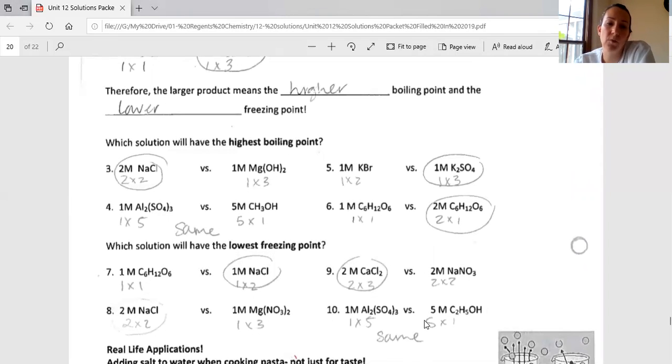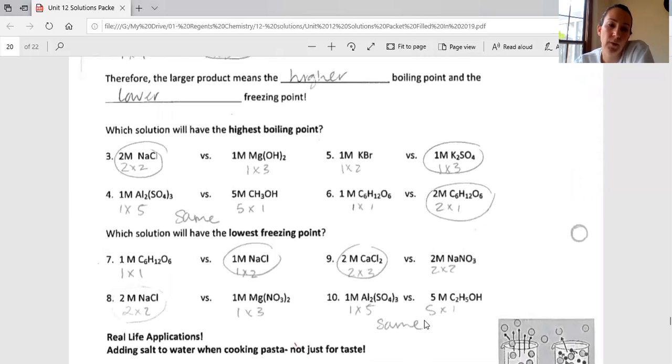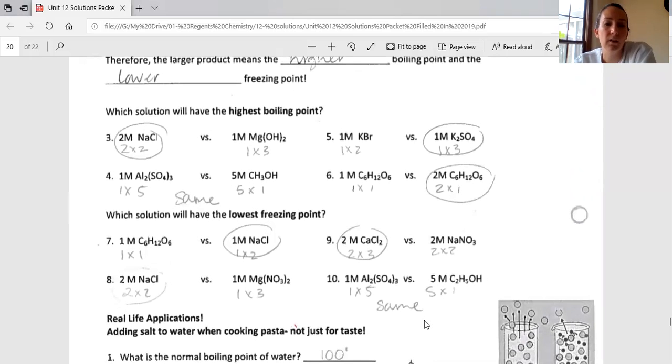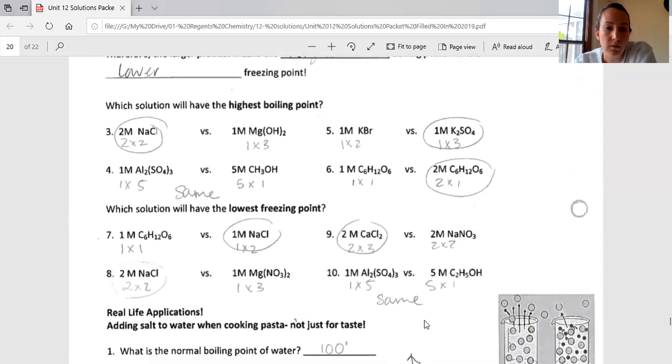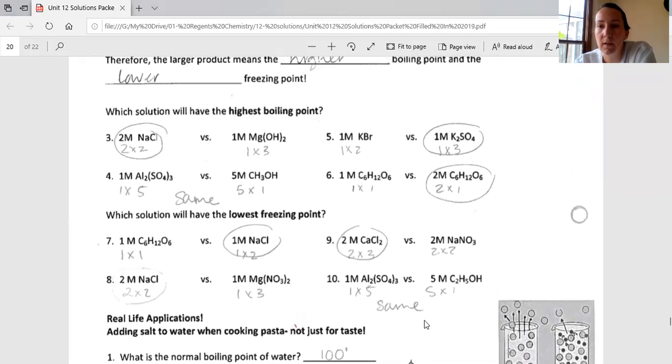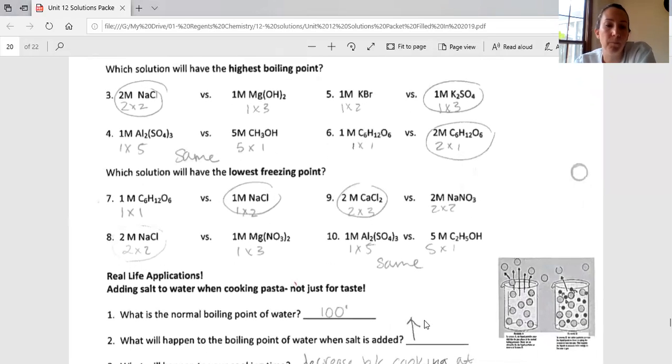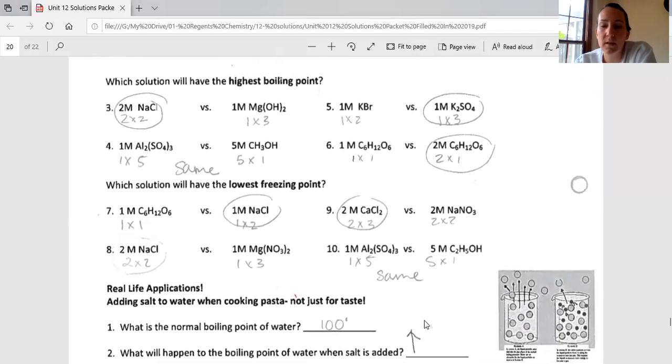All right, so if you want to, we can just talk about this. Normal boiling point of water is 100 degrees. So what will happen to the boiling point when I add salt? The boiling point will go up. So how does that affect cooking time?